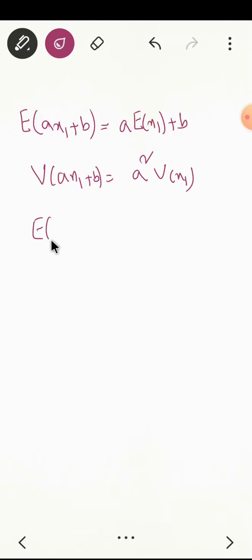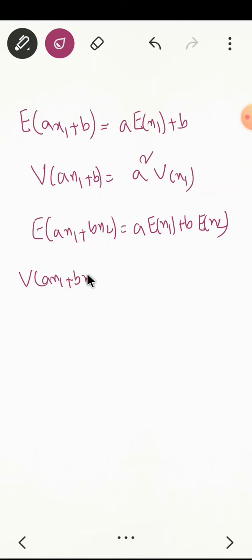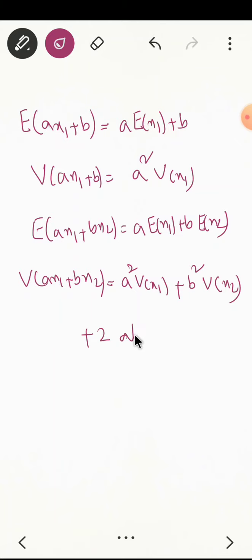Mean of ax1 plus bx2 can be written as a into mean of x1 plus b into mean of x2. Variance of ax1 plus bx2 can be written as a square variance of x1 plus b square variance of x2 plus 2 into ab into covariance of x1 and x2. These are some properties. Do remember them.